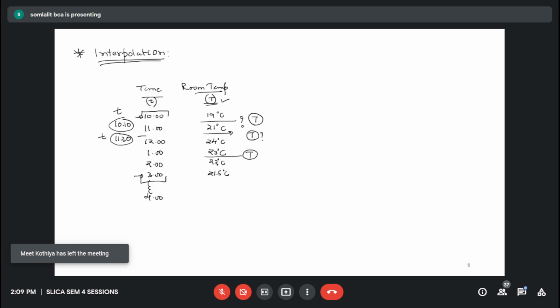So from the given set of values, we find, or estimate, the value of the dependent variable from the given value of one variable. We have interpolation formulas through which you can estimate the value of one variable from the given value of another variable.